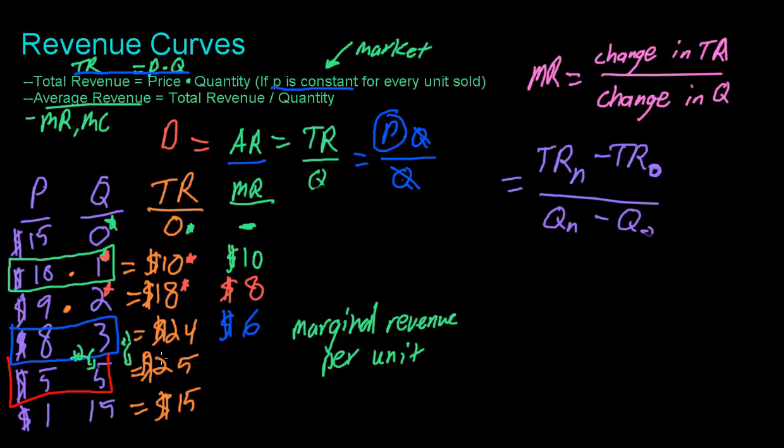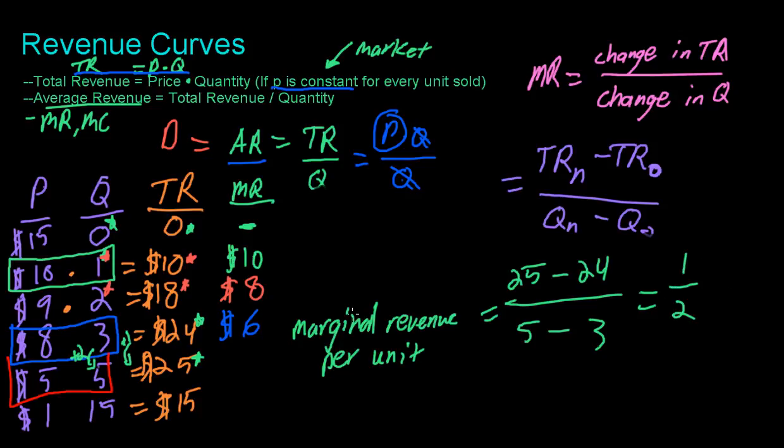And the other way, and this is where the formula makes the most sense to me, is that we take the new total revenue, 25, minus the old total revenue, 24, over the new quantity, which was 5, minus the old quantity, which was 3, and this gives you 1 over 2.